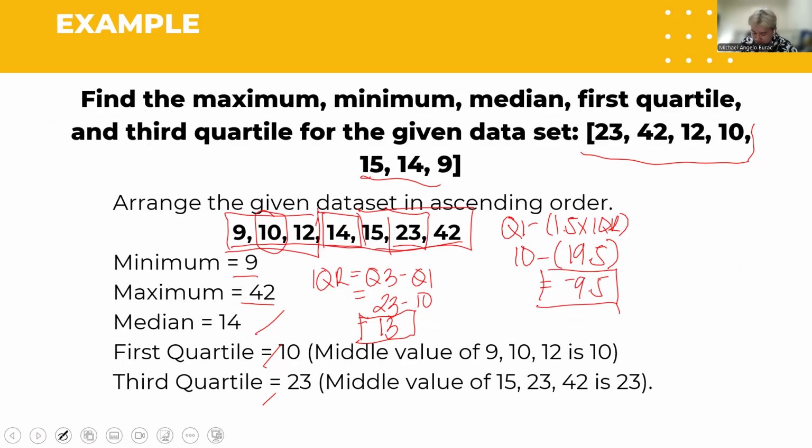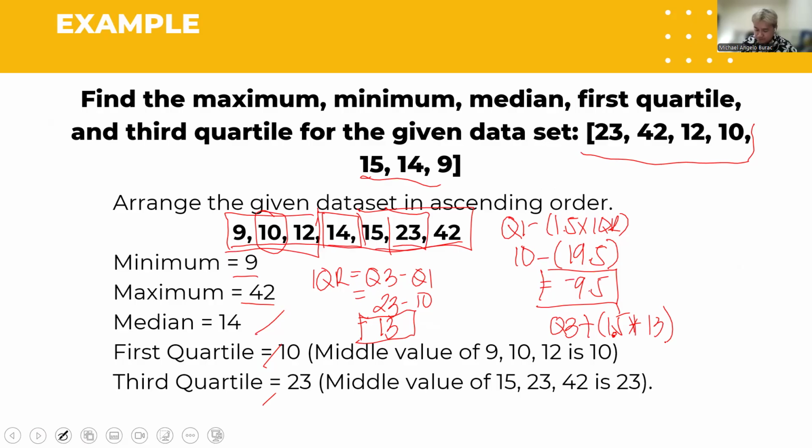For the upper bracket outliers, you have Q3 plus 1.5 times IQR, and our IQR is 13.